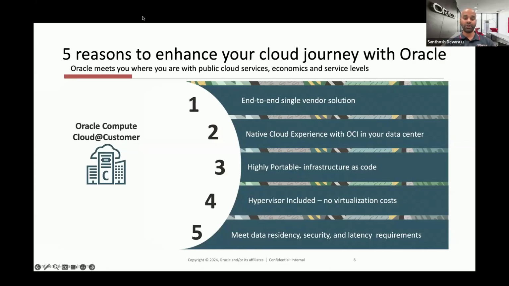And at the same time, there is no hidden hypervisor cost, because a lot of customers are facing concerns around hypervisor costs, be it from VMware or other solution vendors, wherein we provide you all the solutions baked in so that you can just consume on day one without having to install, configure, and manage it.